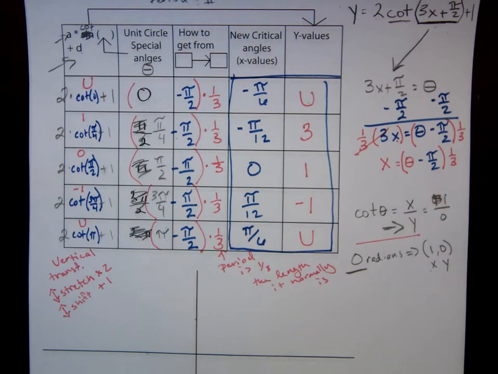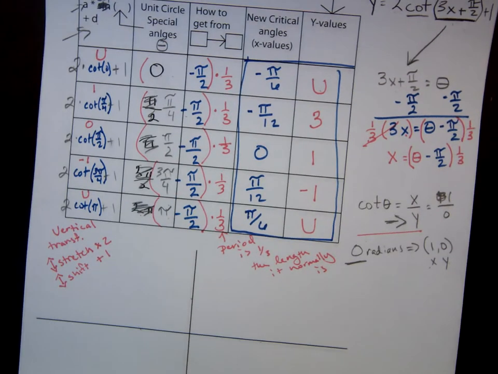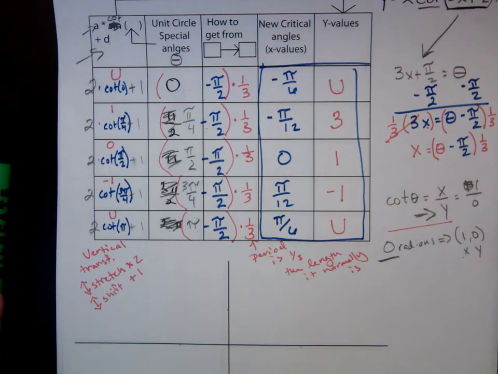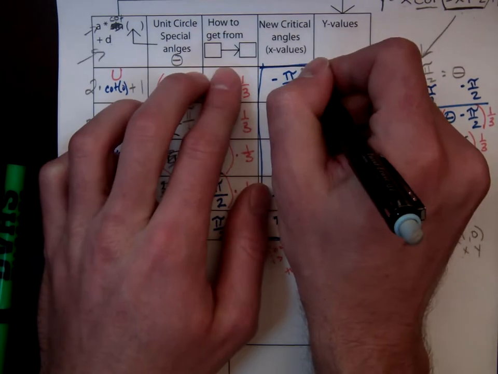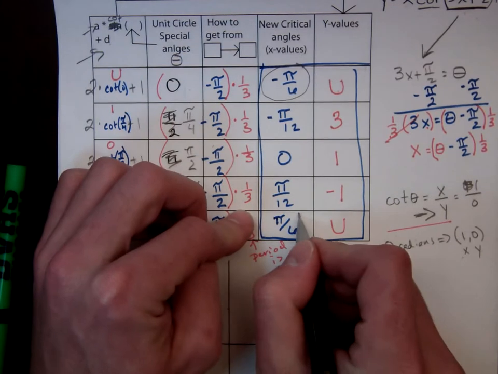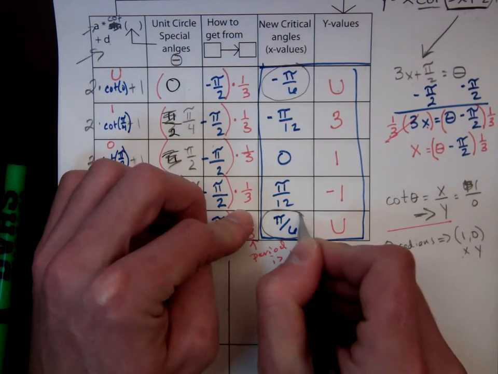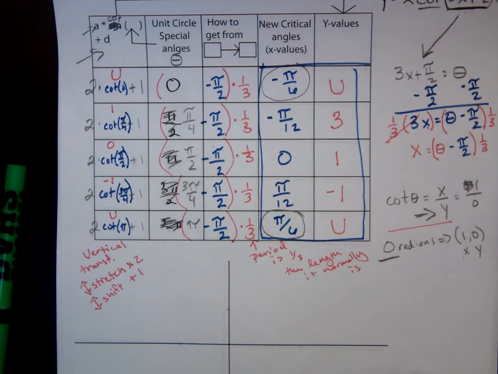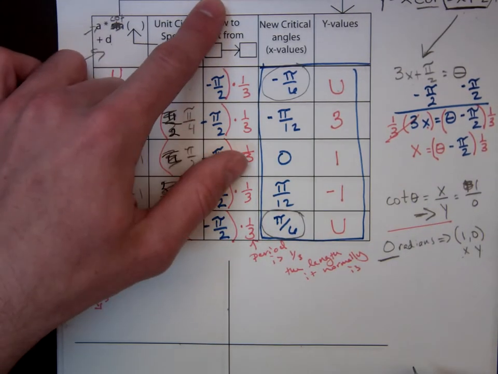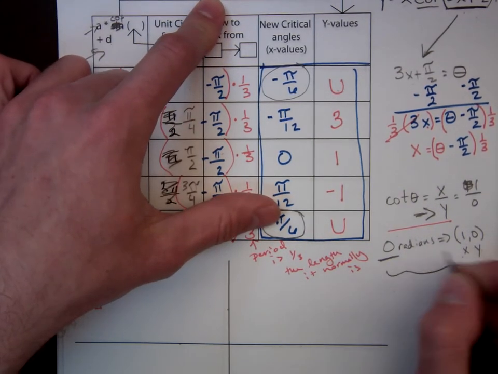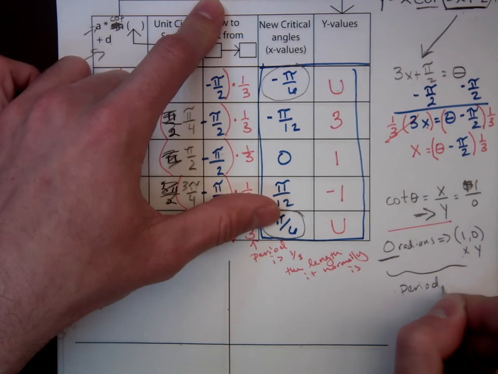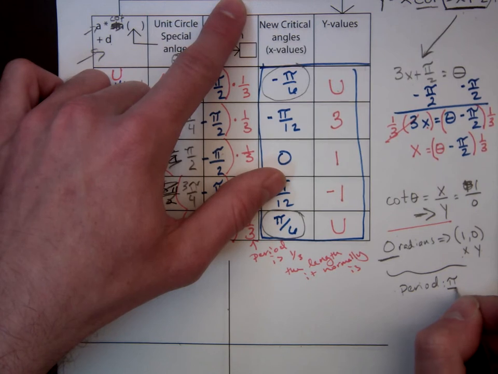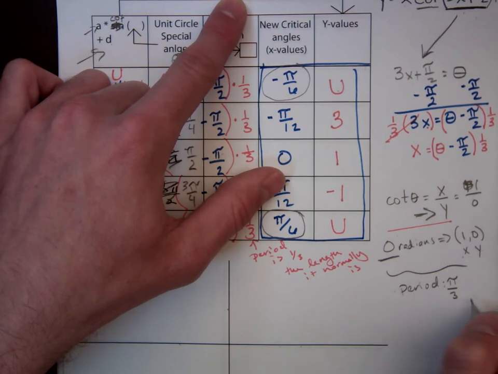And if we want to verify our prediction about how long a period is, we can simply take the beginning of the period and subtract that from the end of the period. We said it was going to be 1/3 of what it normally is. The period is normally pi, so we divide it by 3, in which case the period is pi over 3.